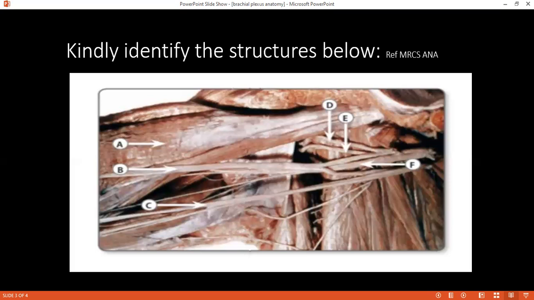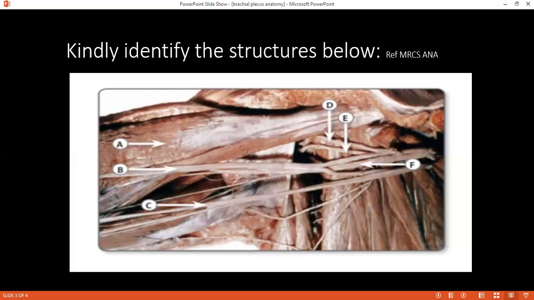Can you tell me what are the branches of the brachial plexus? From the roots there are three: the nerve to subclavius, dorsal scapular nerve, and long thoracic nerve. From the trunk, there is one, the suprascapular nerve. From the divisions there are no branches. There are three cords: medial cord, lateral cord, and posterior cord.